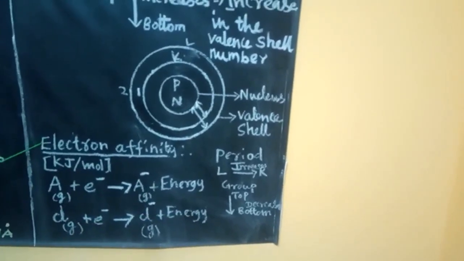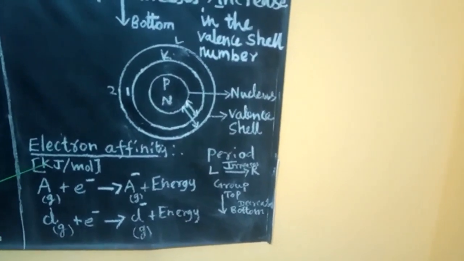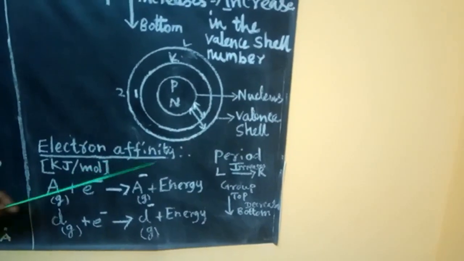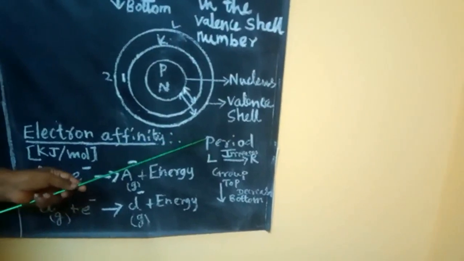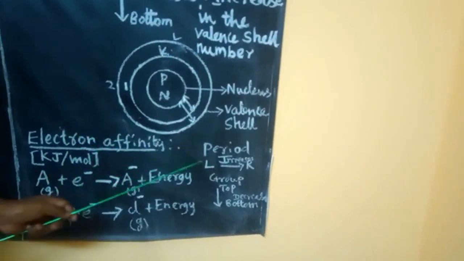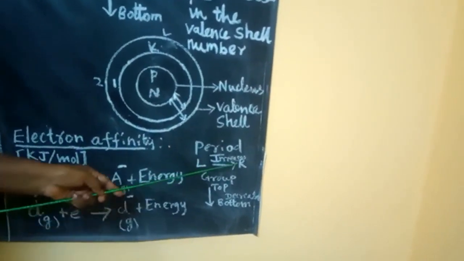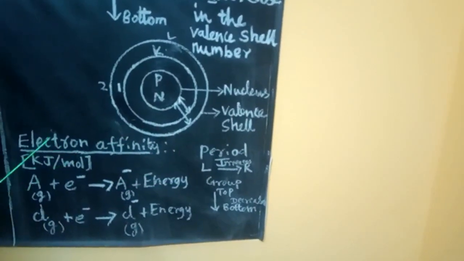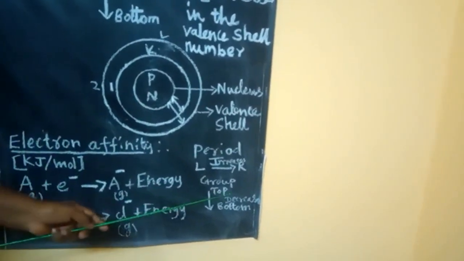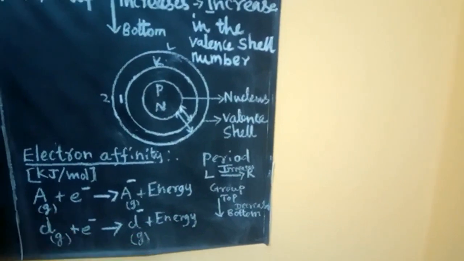Electron affinity is measured in kilojoules per mole. Along the period, electron affinity increases from left to right. Along the group, electron affinity decreases from top to bottom.